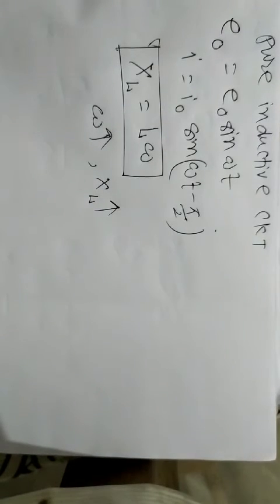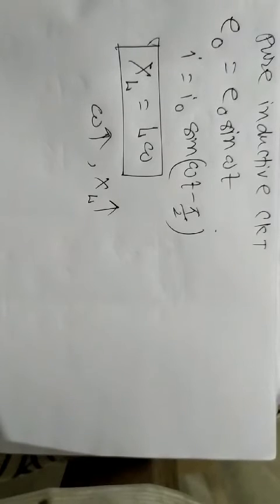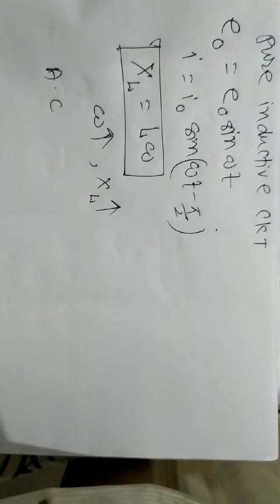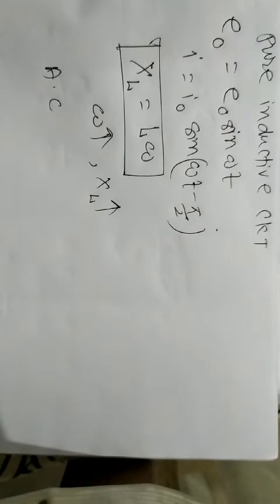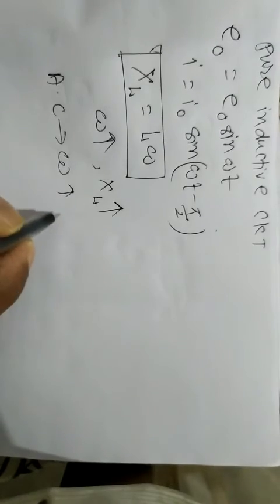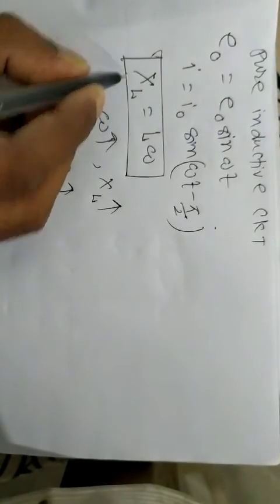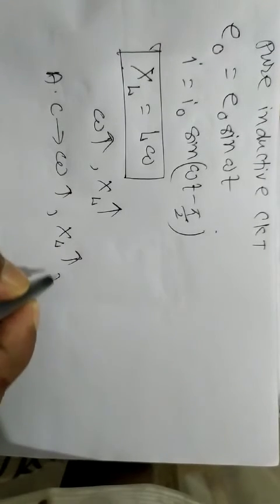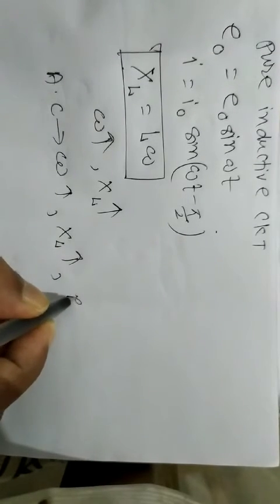That means when omega increases, XL will increase. Clear? And here, will an inductor allow AC or not? If I talk about AC, in AC omega is high. If omega is increased, then XL will also increase. XL is increasing, that means resistance is increasing.